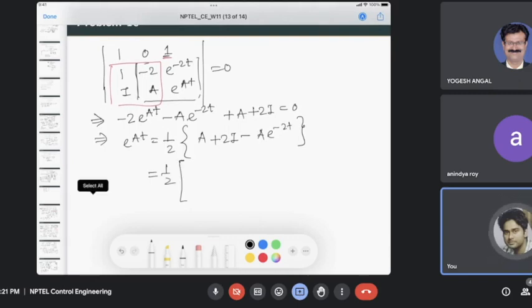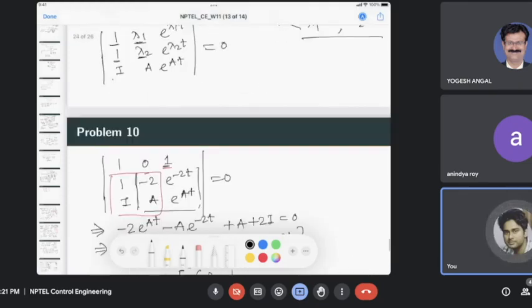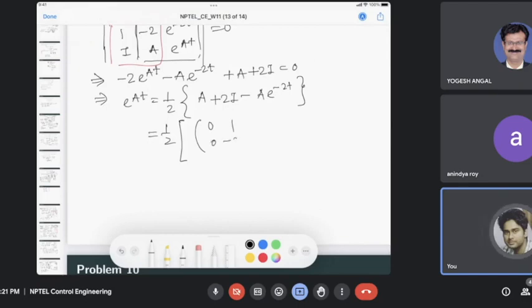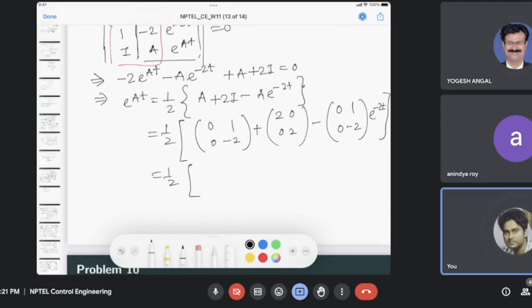The A matrix is 0 1, 0 minus 2, so A plus 2I will be 2 1, 0 0, minus A times e to the power minus 2t, which is 0 e to the power minus 2t, 0 minus 2 e to the power minus 2t.